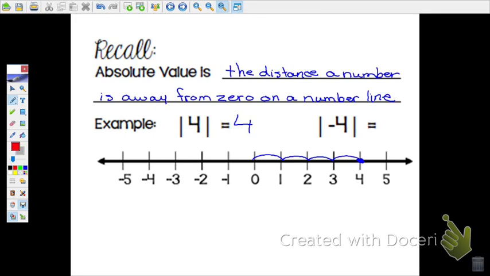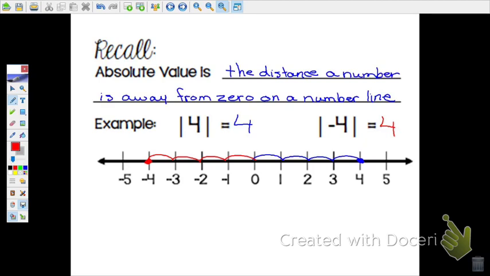If we're talking about a negative 4, we are 4 places from 0 on the number line. It's just in a different direction.